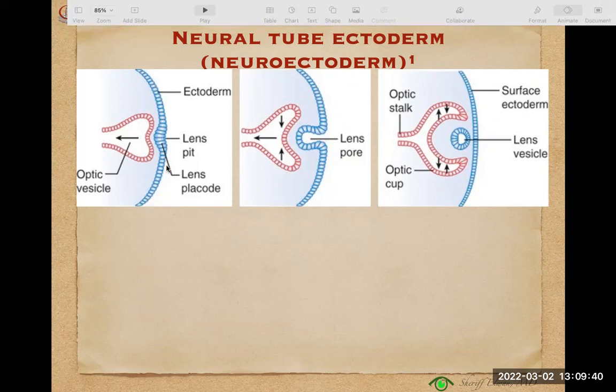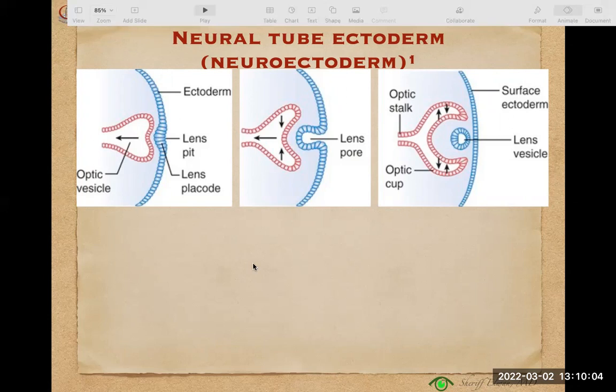They are covered by the surface ectoderm. Here the one in red is the optic vesicle. It invaginates inside out, where a part of it is invaginated to the inside so that it becomes a two-layered structure.